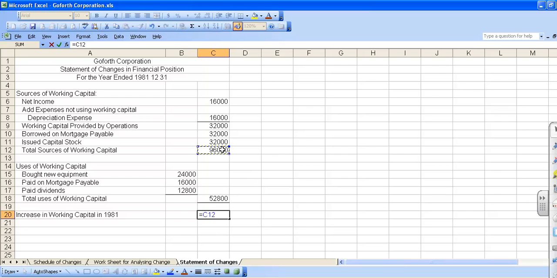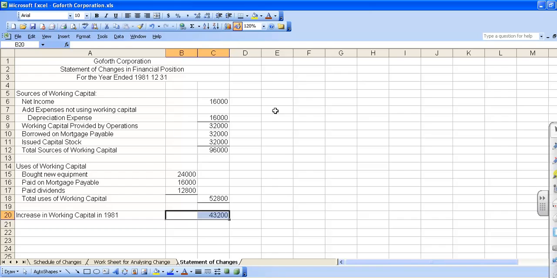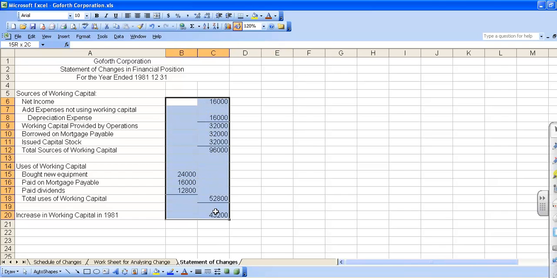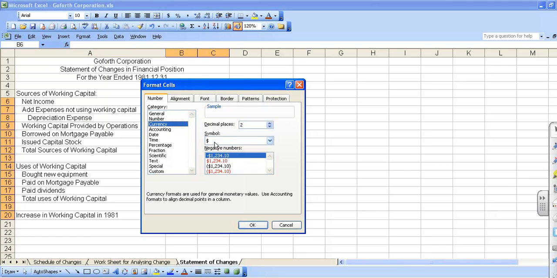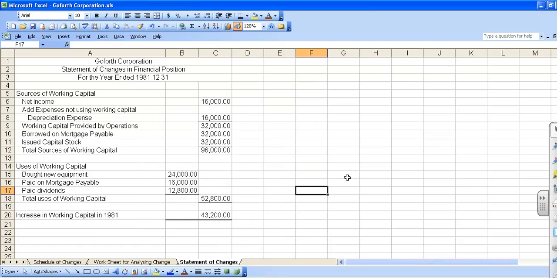So 96,000 minus 52,800 gives us our 43,200, which we've seen several times already. Make sure you make everything into currency. And there you have your statements. Hopefully not too difficult to understand. Good luck.